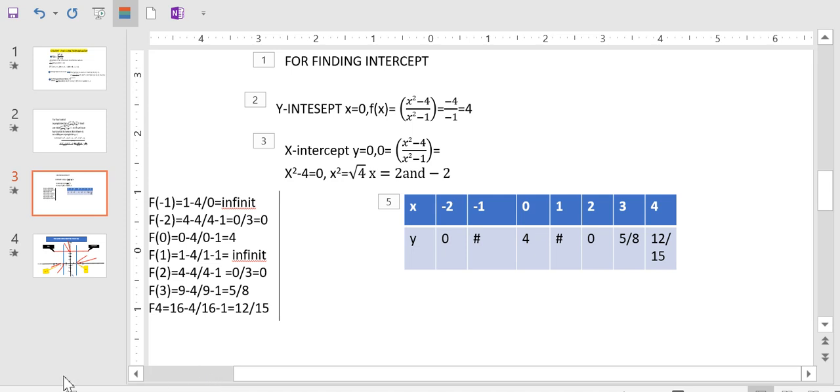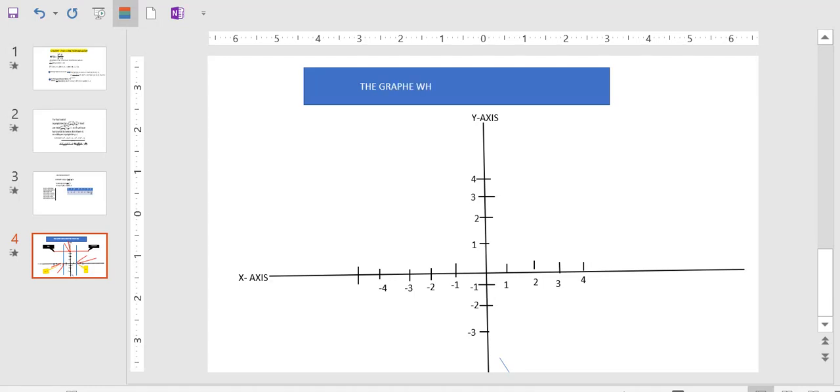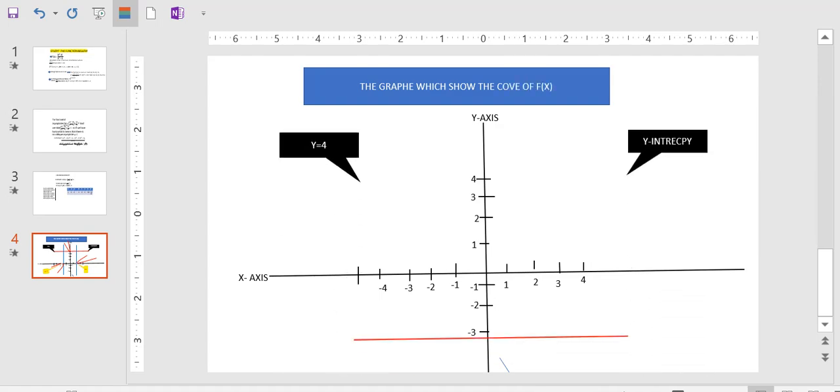After seeing this, we must see how this data is presented on the graph. This data will look like this. You will see how this data is presented on this graph.